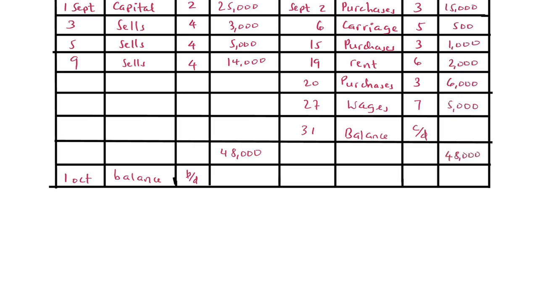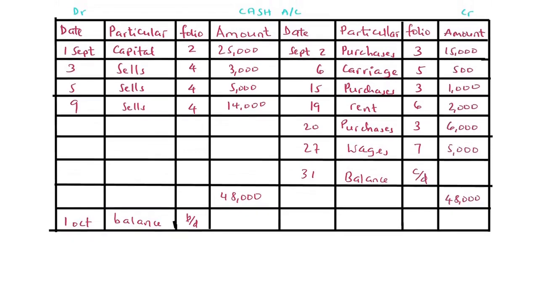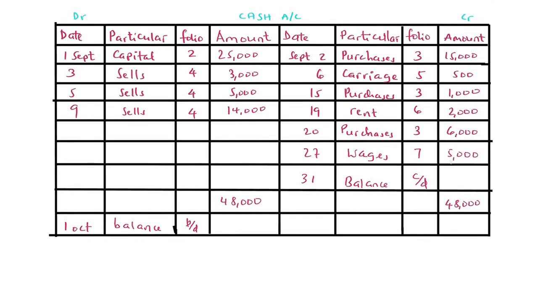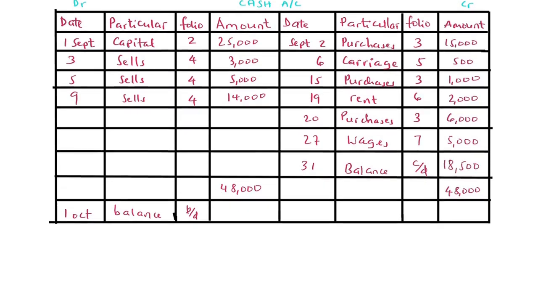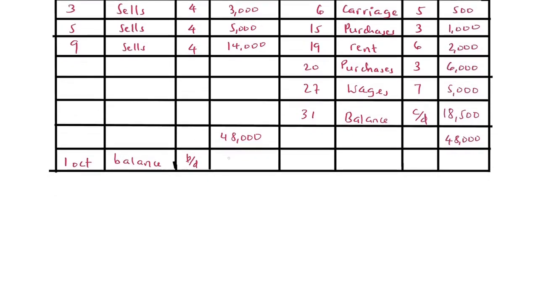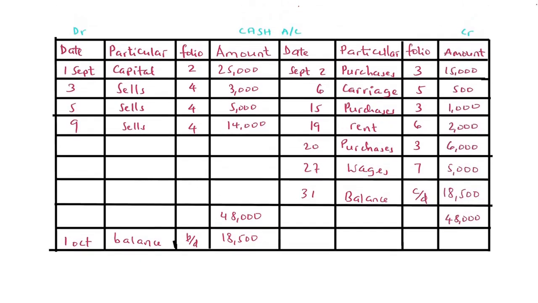Now we are going to find the balancing figure, which after finding the values, the figure is 18,500. And this is going to be our balance brought down in the following period, the same value, 18,500. And this is our cash book.